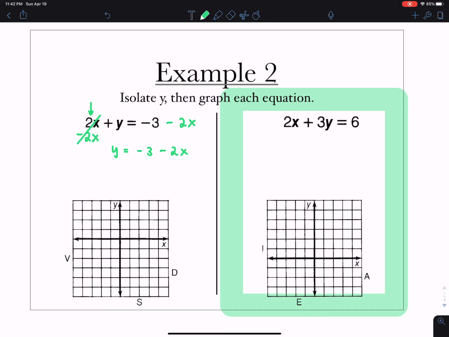So that's going to give us a y-intercept of negative 3 and a slope of negative 2, or negative 2 over 1. So down 2, right 1. And we can go up 2 and then to the left 1 also. And your line will look like that. And again, I'll leave the second question on example 2 for you guys to do.